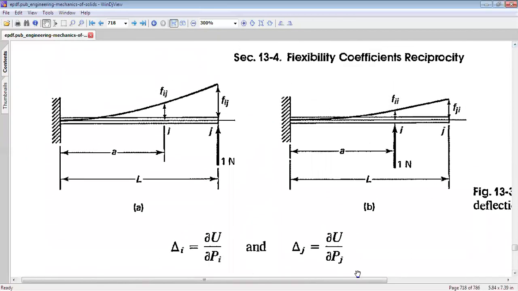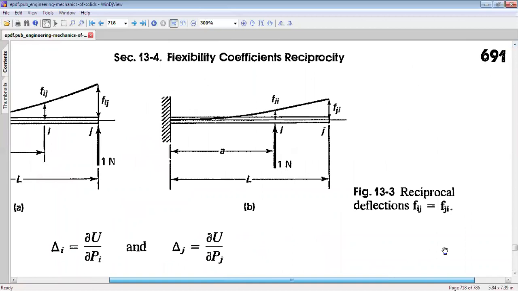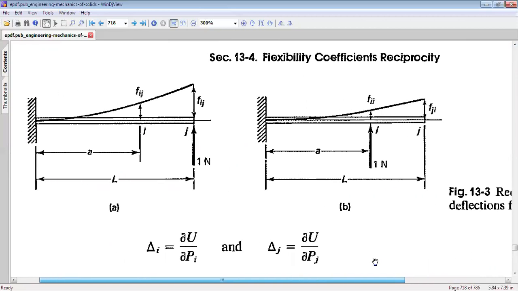So let us look at this cantilever and try to understand the reciprocal deflections Fij and Fji.